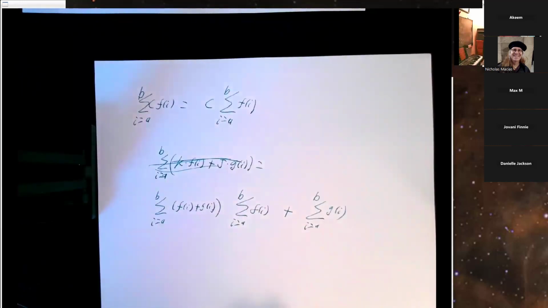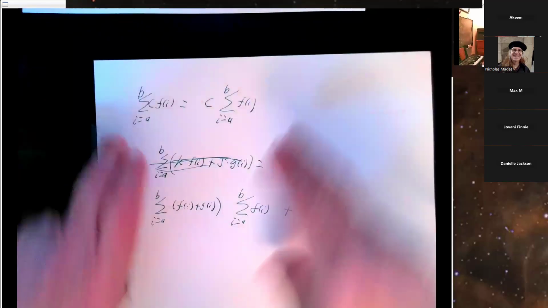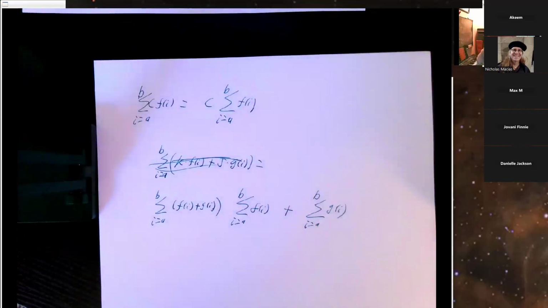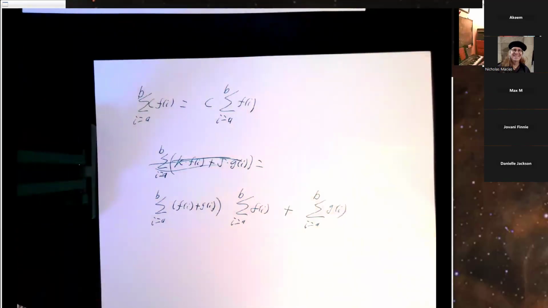And if you're integrating a constant times a function, you can pull the constant outside. Why does that work? Because integrals are just summations, right? They're infinite summations, but they're really just a summation. So they're using these facts in order to get those handy rules for simplifying integrals. So you've seen this before, just in different forms.